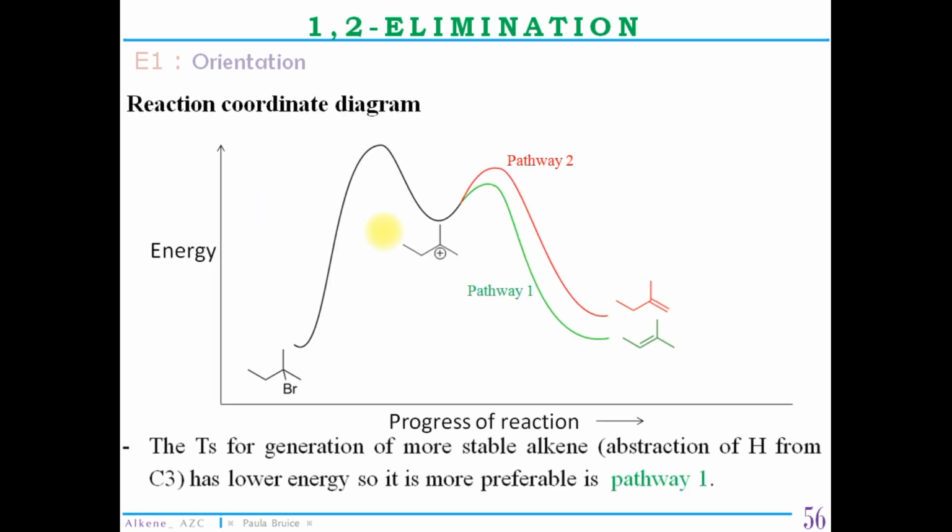This can be better understood by the reaction coordinate diagram, where this carbocation in the next step is converted into an alkene. The tri-substituted alkene is more stable than the di-substituted alkene, and the transition state for generation of the more stable alkene has lower energy, so it is more preferable.